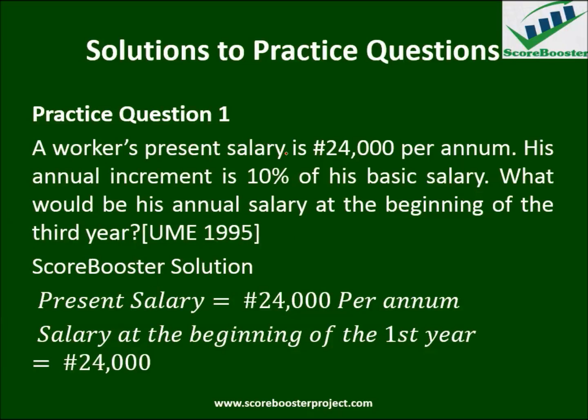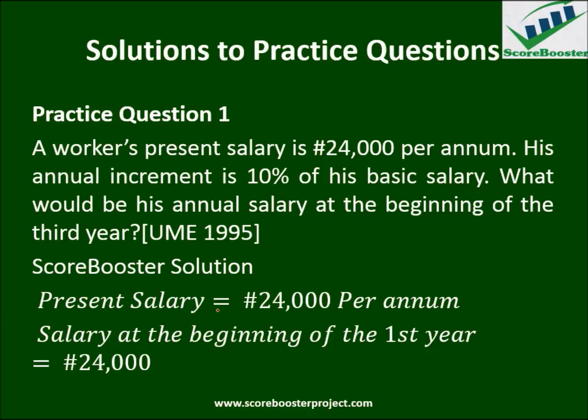Since the worker's present salary is 24,000 and the salary is increased by 10% of his basic salary annually, which means every year, we are asked to determine his annual salary at the beginning of the third year.